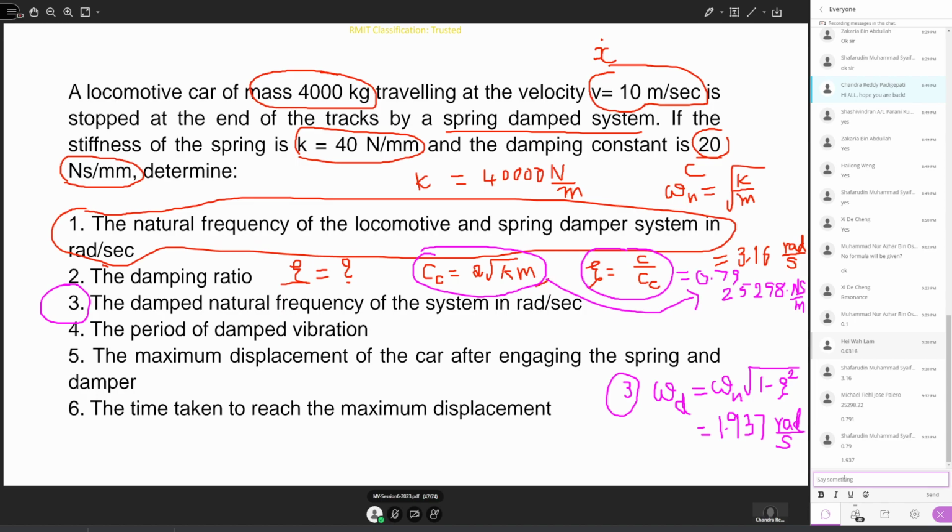The period of damped vibration. The period you can write as 2 pi over the damped natural frequency, omega d.